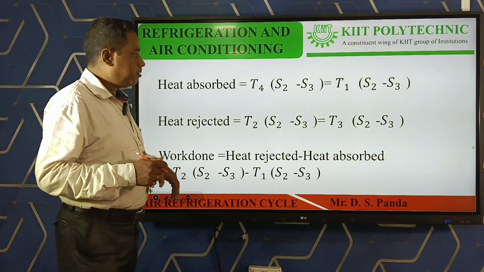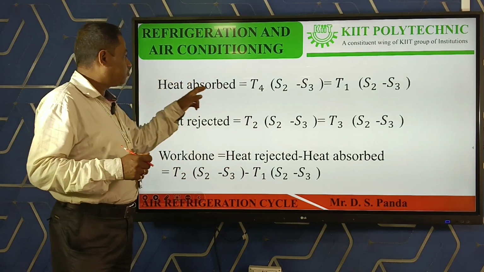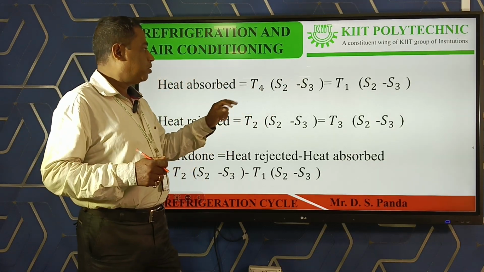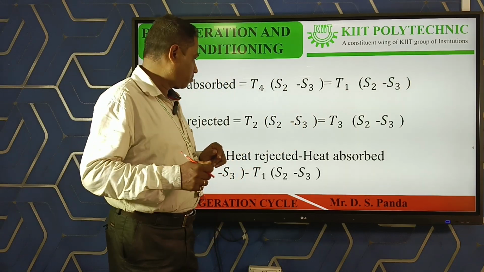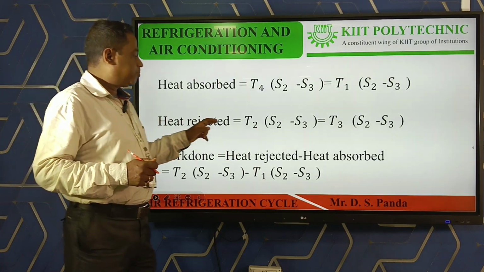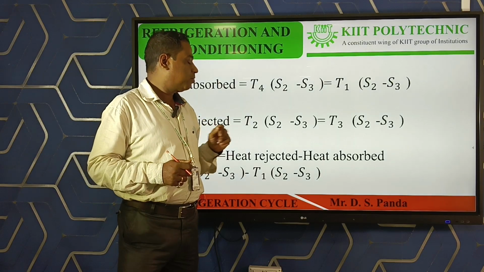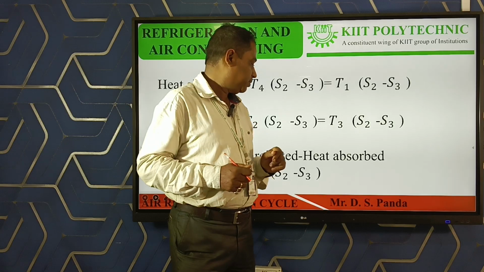So mathematically, the heat absorbed is equal to T4 into S2 minus S3, or equal to T1 into S2 minus S3. The heat rejected is the higher side temperature T2 into S2 minus S3, or equal to T3 into S2 minus S3.